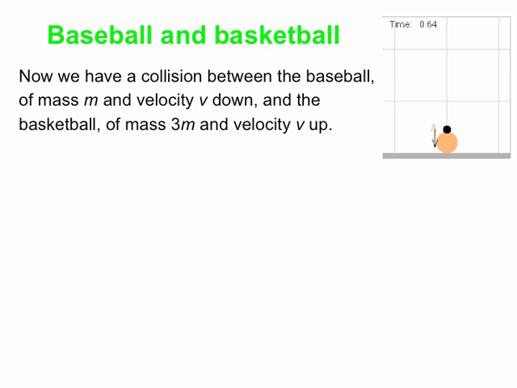The basketball, remember, has a mass which is 3 times bigger than that of the baseball. So we're going to give the baseball mass m, and therefore the basketball's mass is 3m. This is a collision, so let's apply momentum conservation.